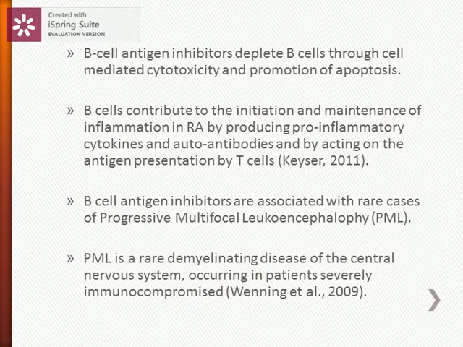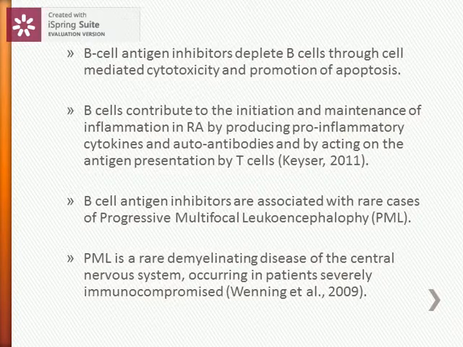Next are B-cell antigen inhibitors, which deplete B cells through cell-mediated cytotoxicity and promotion of apoptosis. B cells contribute to the initiation and maintenance of inflammation in rheumatoid arthritis by producing pro-inflammatory cytokines and autoantibodies, and by acting on the antigen presentation by T cells.